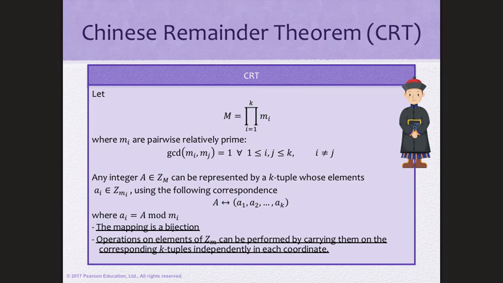Remember that the m has k factors, so I have k elements here. Each one of them is the representation of a mod one of the factors mi.